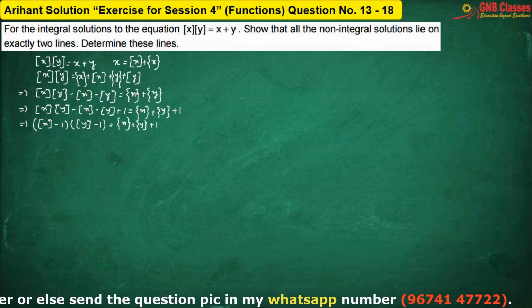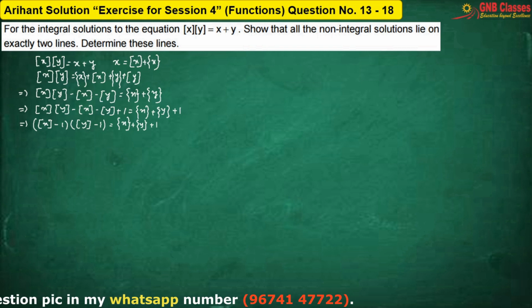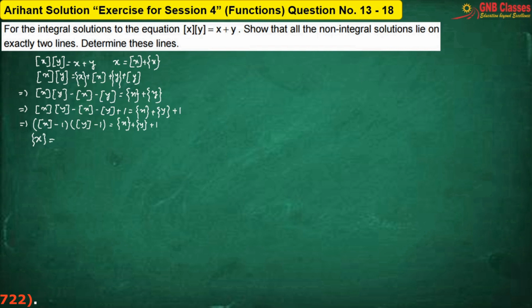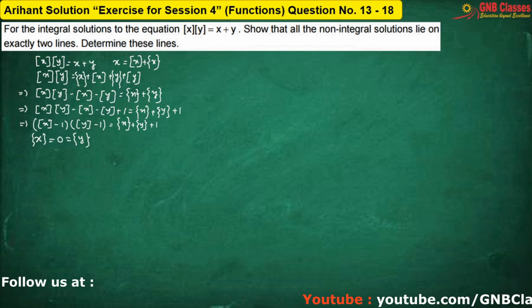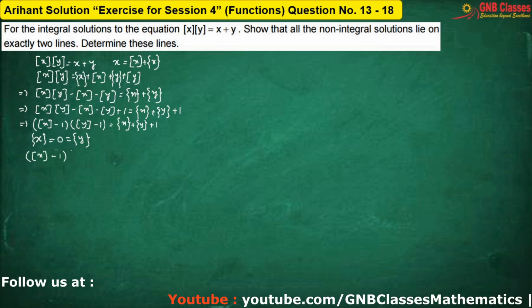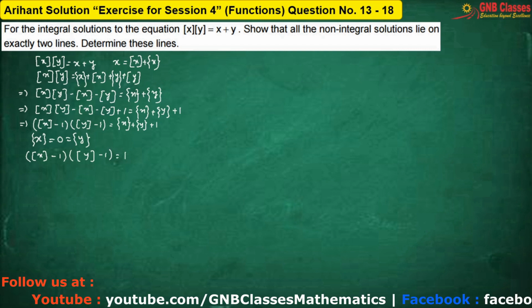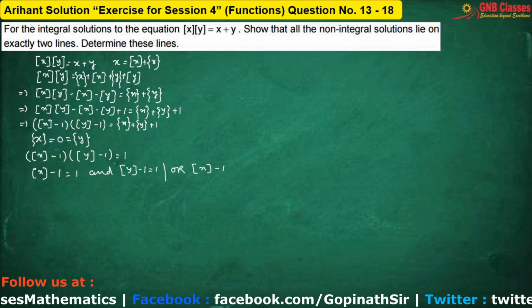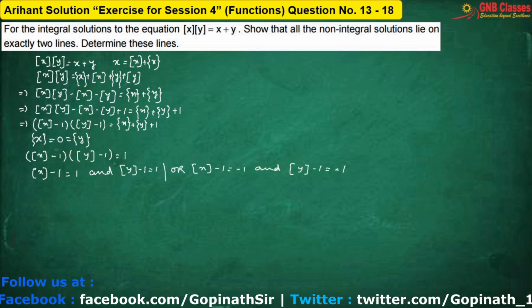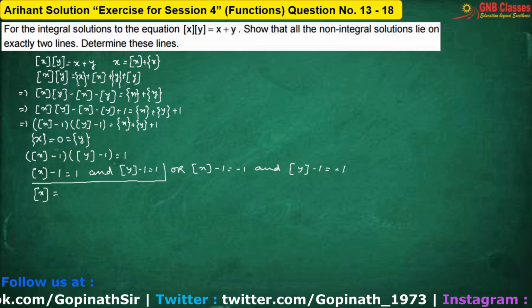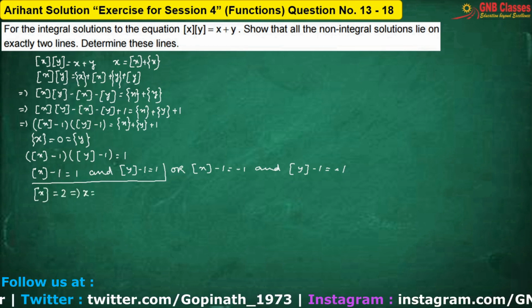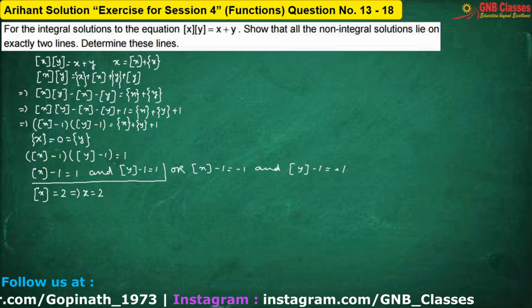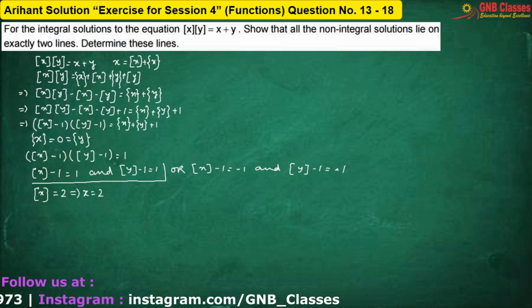Now observe, if x and y are integral values, then the fractional part of x will become 0, as well as the fractional part of y. Therefore, for integral values of x and y, the equation is possible when, or, so from this we get x is 2, because we are taking integral values of x and y.